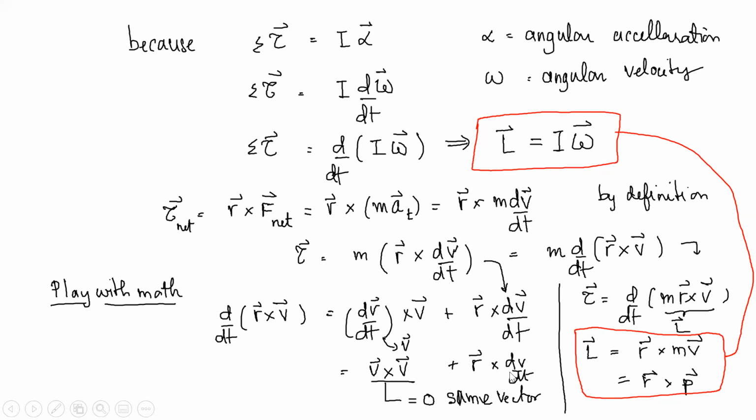So we have m r cross dv by dt equal to d by dt of m r cross v. So torque equals d by dt of m r cross v, and this is L. So angular momentum is not only equal to I omega, it is also equal to r cross mv, or r cross momentum.